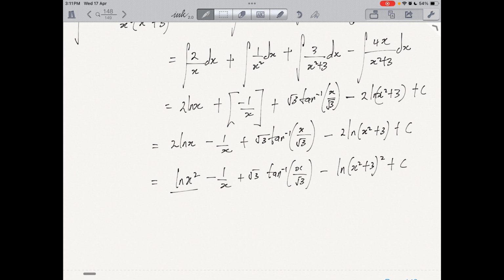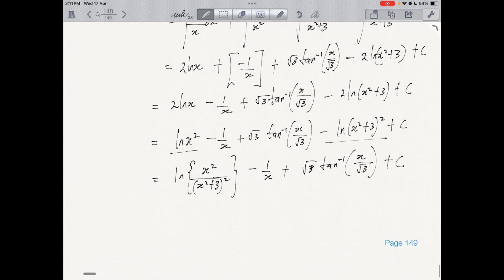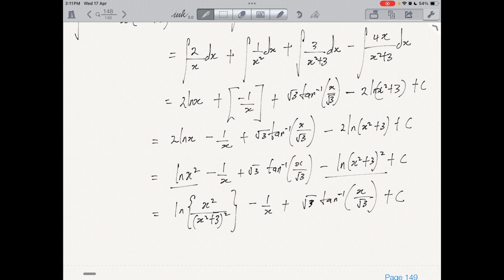Now we can still combine this and this together, applying the same law of logarithm to give us ln (x squared over (x squared plus 3) squared) minus 1 over x plus root 3 arctan (x over root 3) all plus c. It can be left like this, or we simplify further.